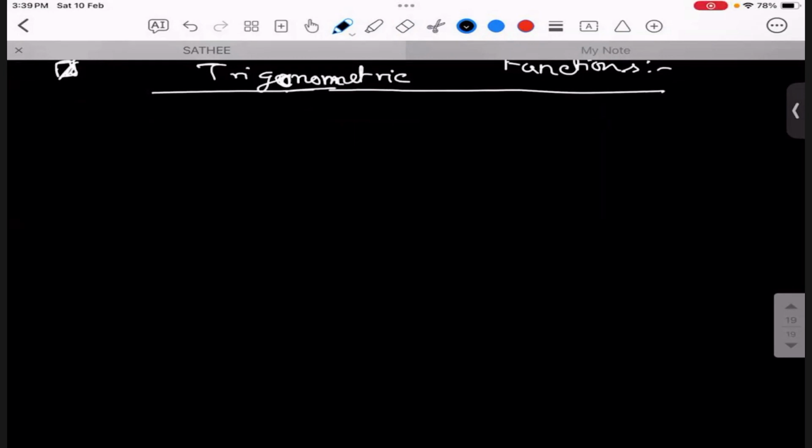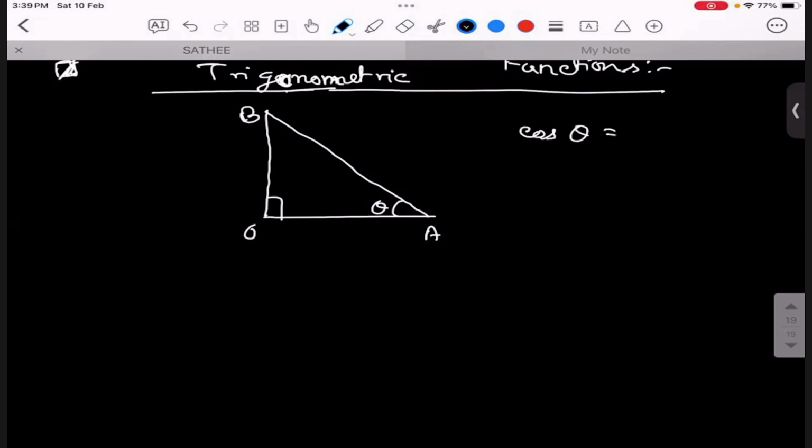So till now we have seen some examples, like if this is our right angle triangle. Because of this angle, this is our 90-degree angle, this is our theta, and if this is O A B, then we know that cos theta equals OA divided by OB, and sin theta equals AB divided by OB.